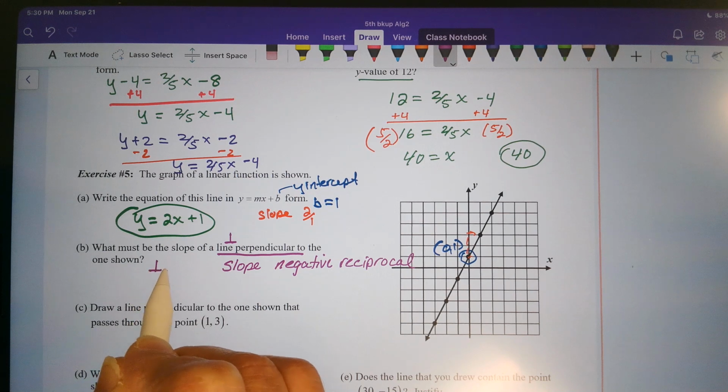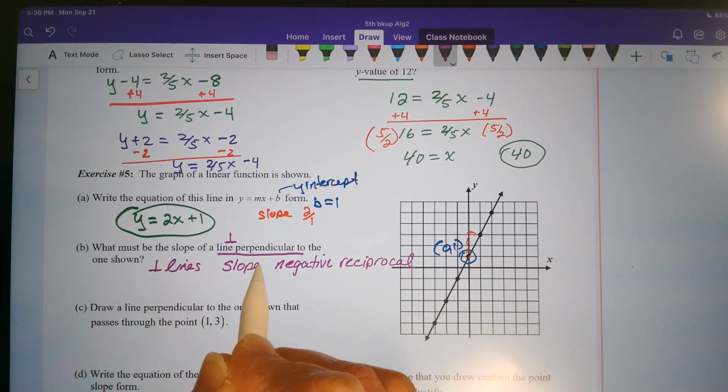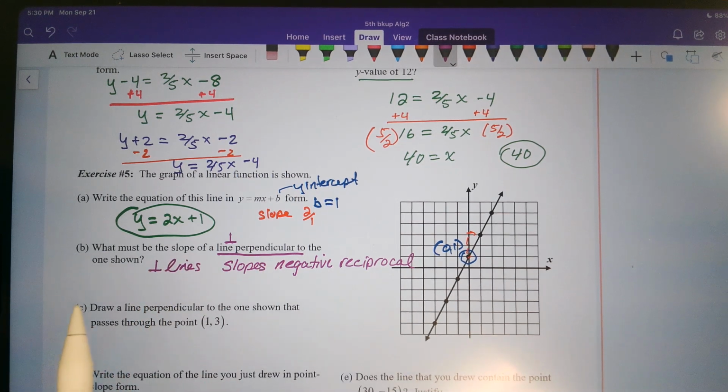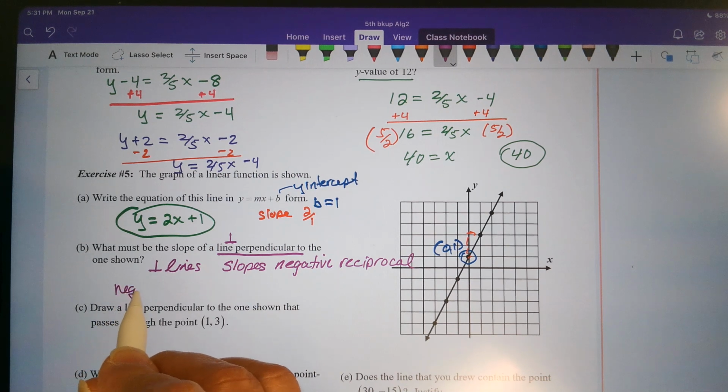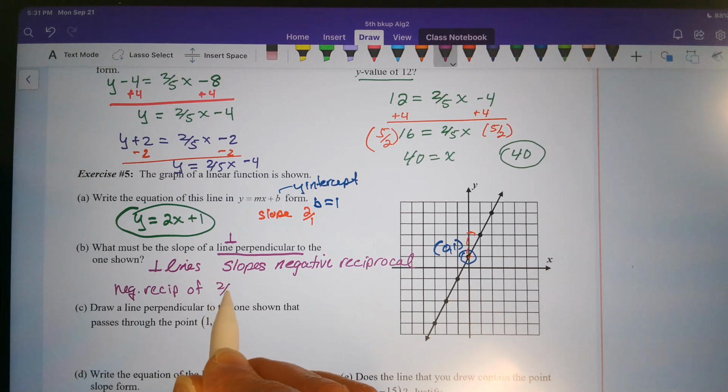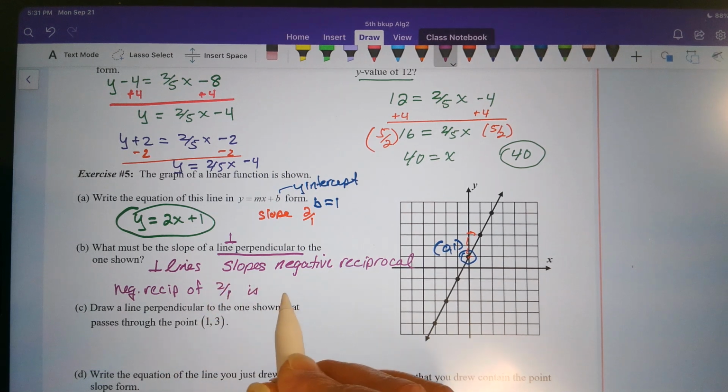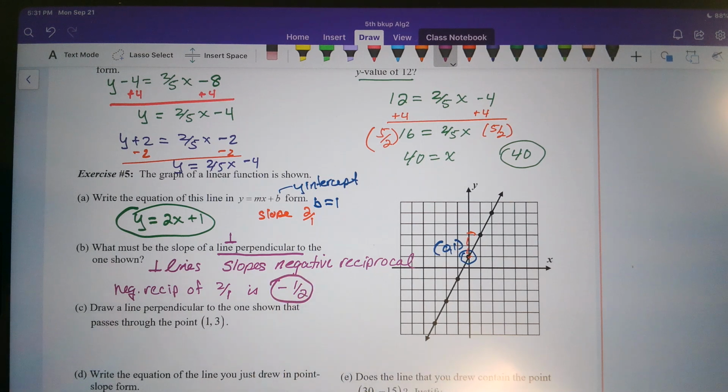So I'm going to say perpendicular lines, slopes are negative reciprocals. So the negative reciprocal of 2 over 1, I'm abbreviating, negative recip of 2 over 1 is negative 1 over 2. So what must be the slope of a line perpendicular to the one shown? It would have to be -1/2.